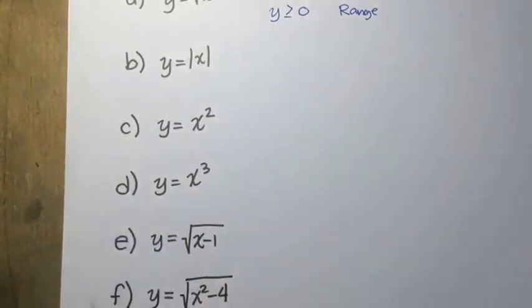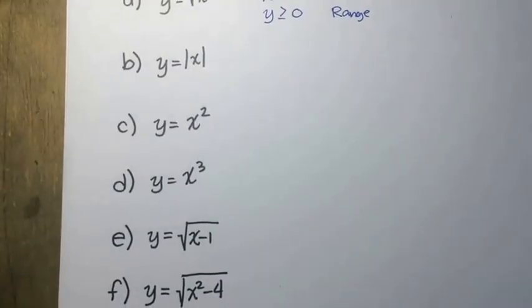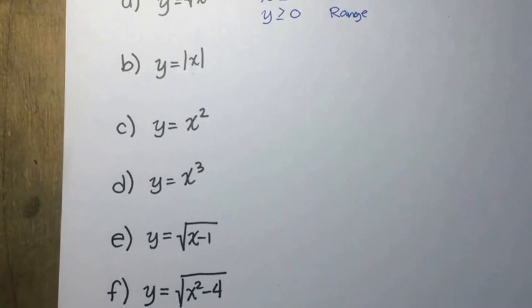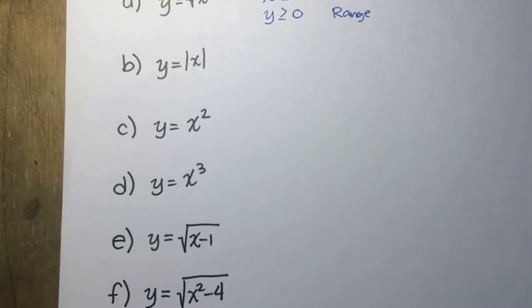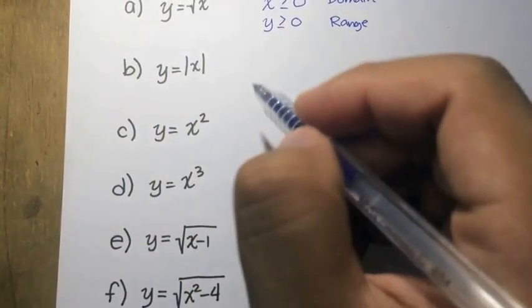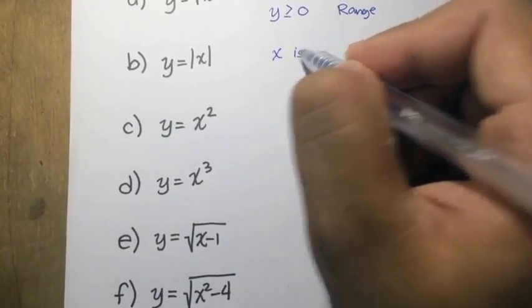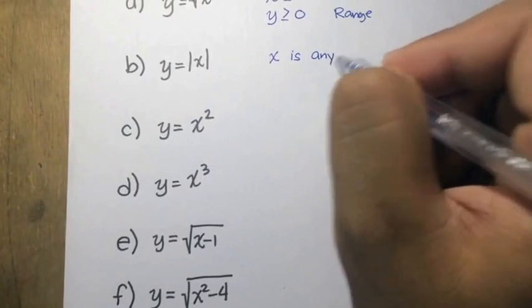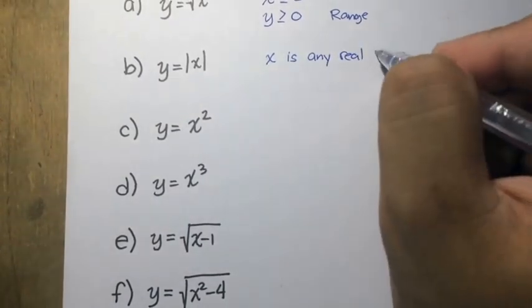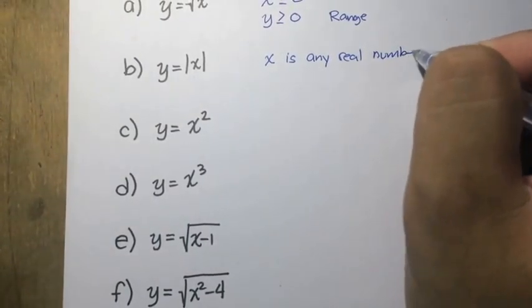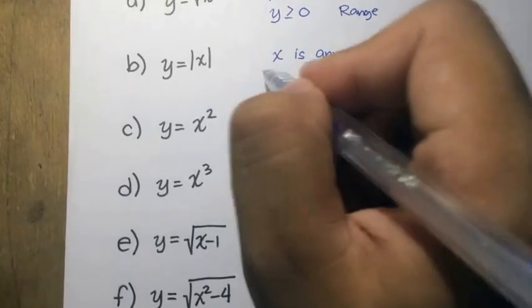I can plug in any real number for x, so I can get the absolute value of that. So I say that x is any real number. Again, this statement is my domain.